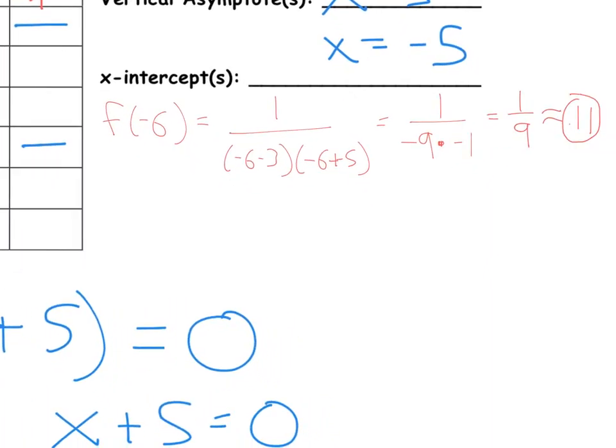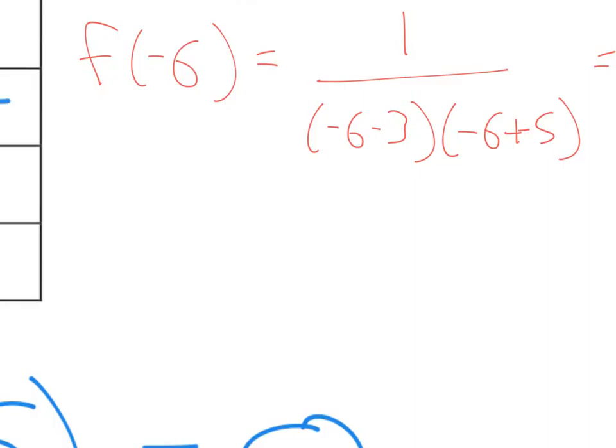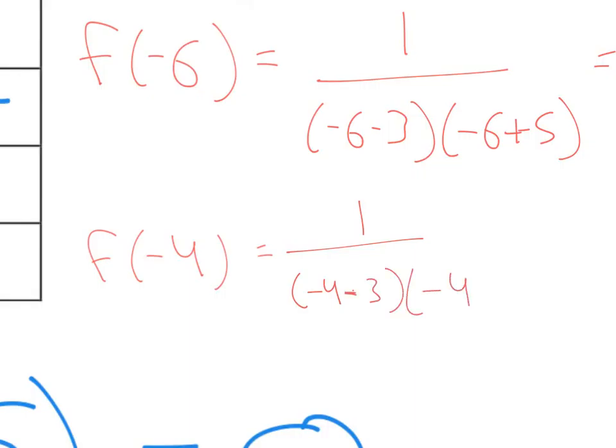So let's take negative 4 and same thing. I'm going to zoom back in, and let's plug that in. F of negative 4 is going to be 1 over (negative 4 minus 3) times (negative 4 plus 5).